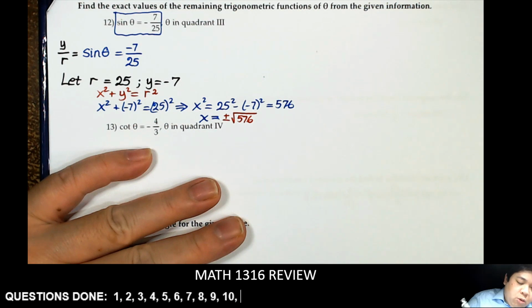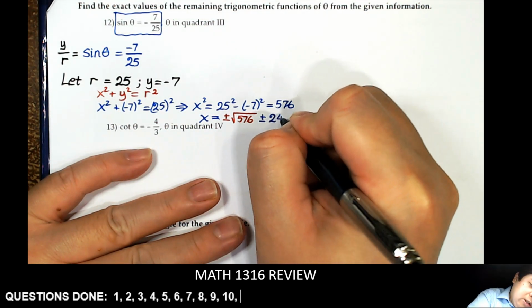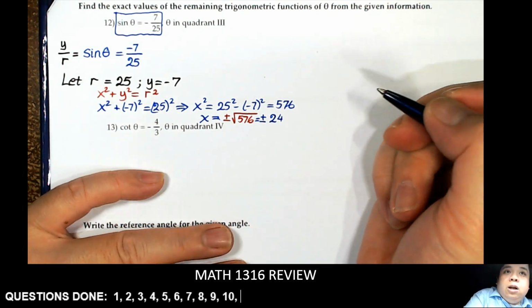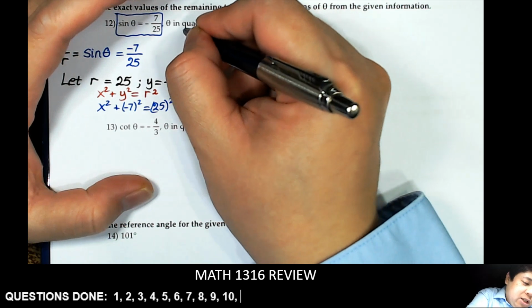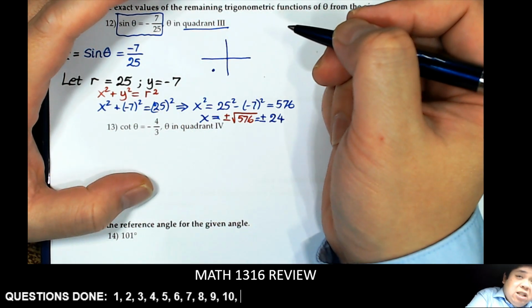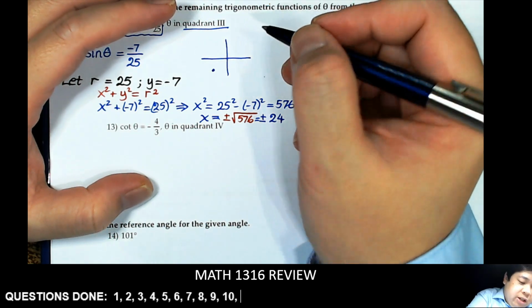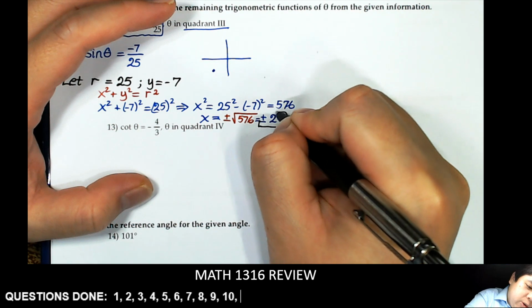So that would be plus or minus 24. Next, it is in quadrant 3. So in this quadrant, x is negative and y is negative. So x is equal to negative 24.